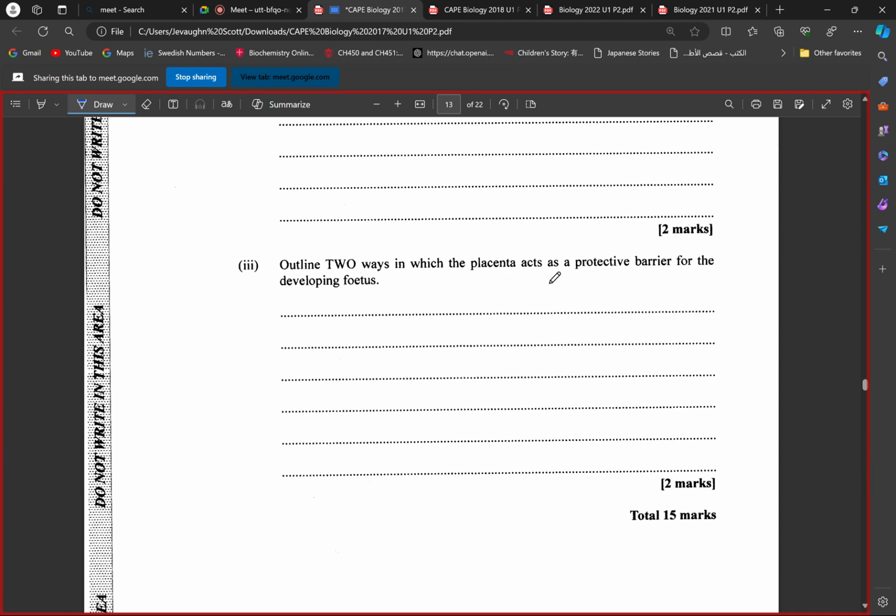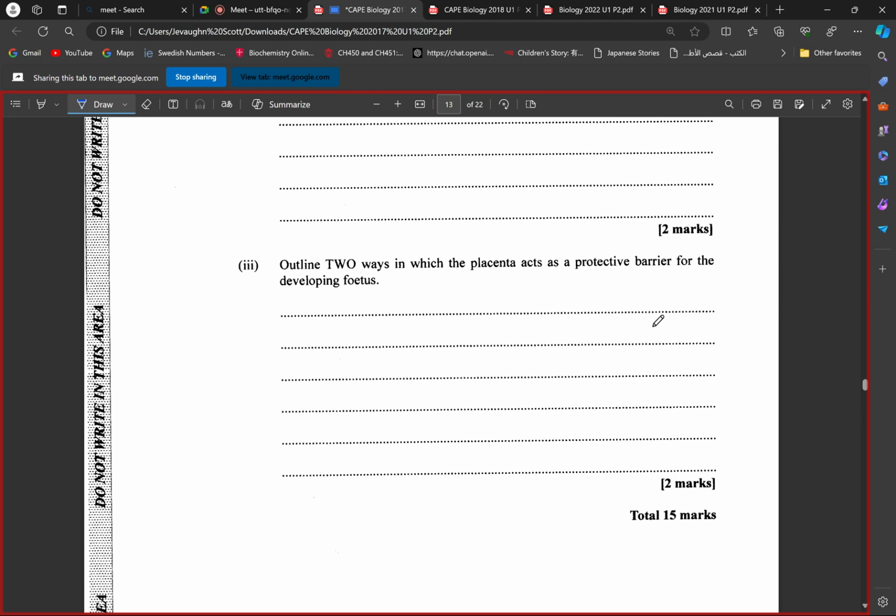It does not allow certain, and that word is important, harmful material to pass from the maternal blood supply into the fetus. It also allows a pathway for the blood pressure to decrease going to the fetus, because the fetal blood pressure is going to be much lower than the maternal blood pressure.